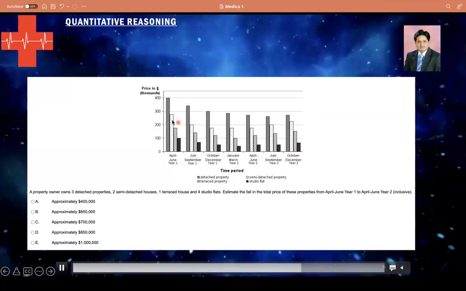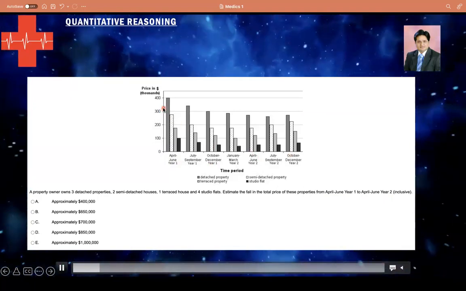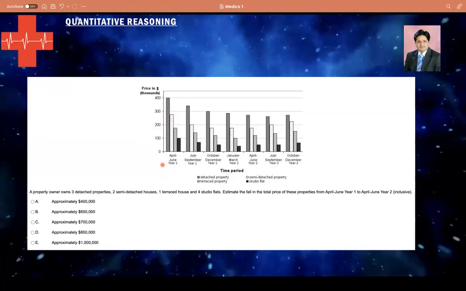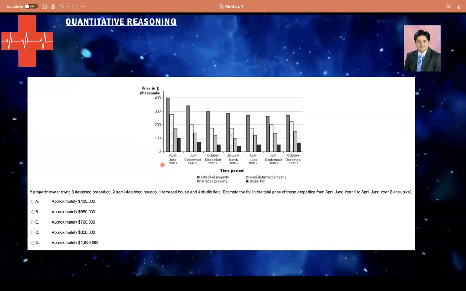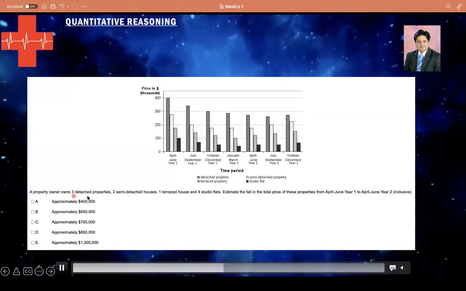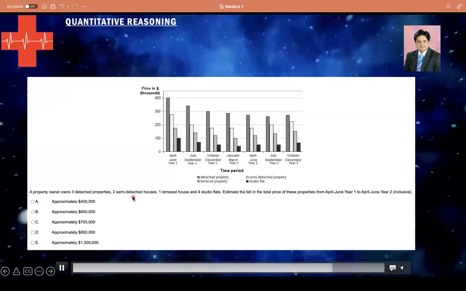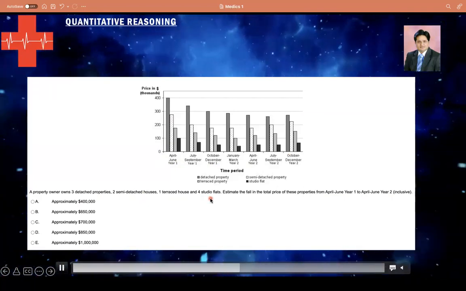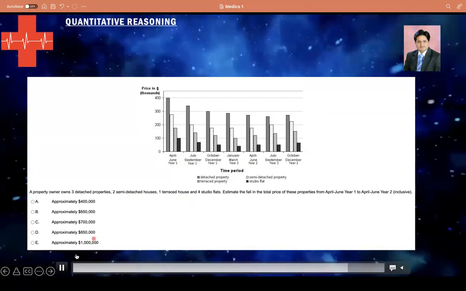So try to first find the fall in detached property, terrace property, semi-detached property, and studio flat. And make sure that the property owner owns 3 detached properties, 2 semi-detached properties, 1 terraced house and 4 studio flats. Try to solve this question.